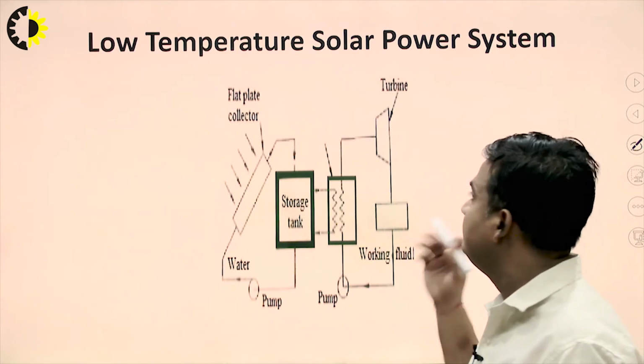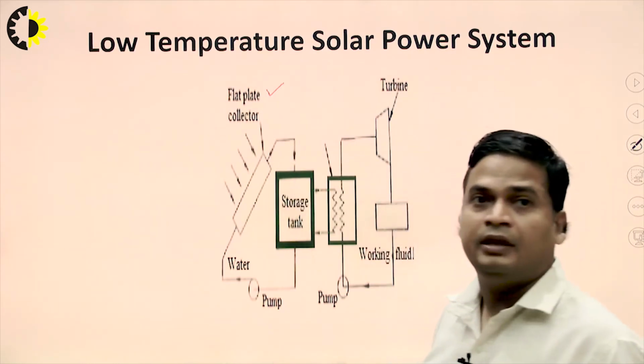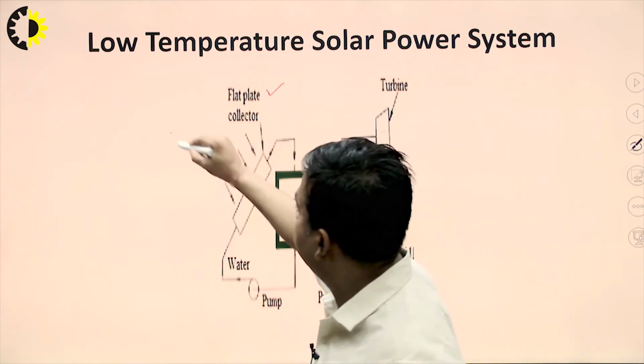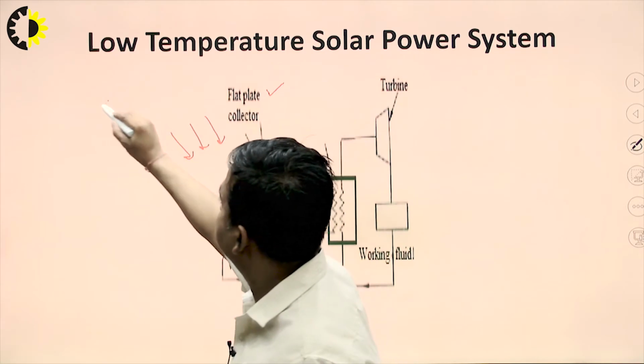This is a diagram. In this, a flat plate collector is there, and radiations are coming from this, these are solar radiations.